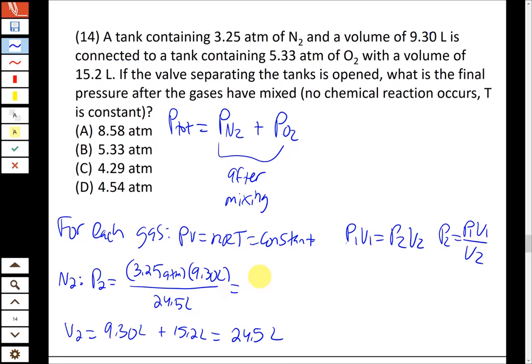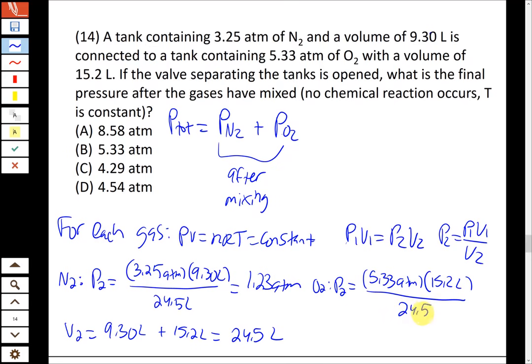So the partial pressure of nitrogen after mixing is 1.23 atmospheres. It's lower because the volume has changed considerably. And then for O2, we do the same thing. Its partial pressure after mixing is its initial pressure and volume, which are 5.33 for the pressure, 15.2 for the volume, and then the same final volume for both, 24.5 liters.